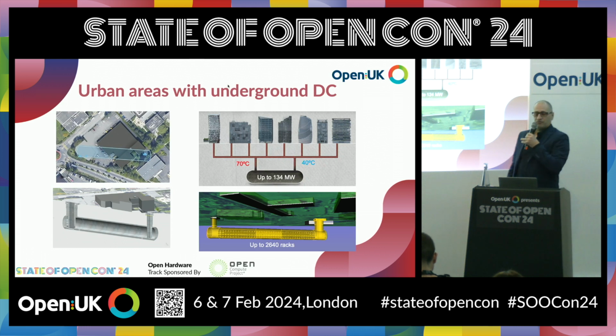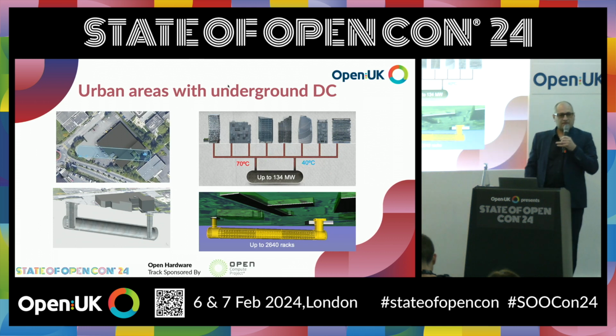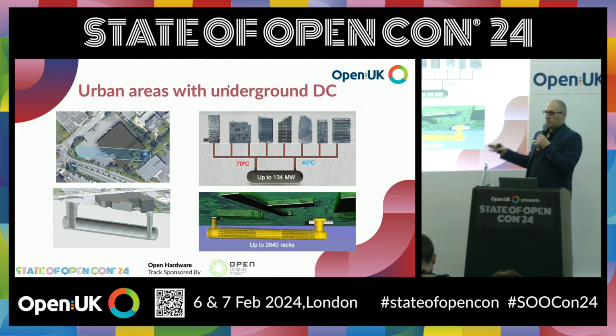The next stage of open source modular data centers is to go underground. On the left you see a trade mall, and under this trade mall you have an artificial cave which can hold 2,600 racks and is able to provide 70 degree water for the heating of the city. It's exactly in the heart of the city, where there is this 100 megawatt demand, not far away.